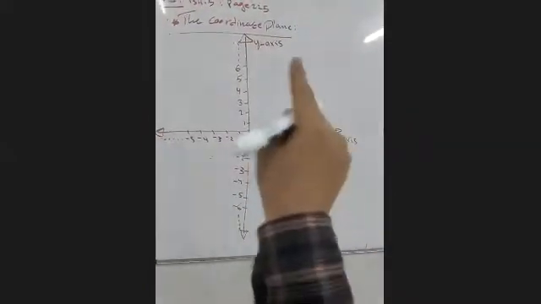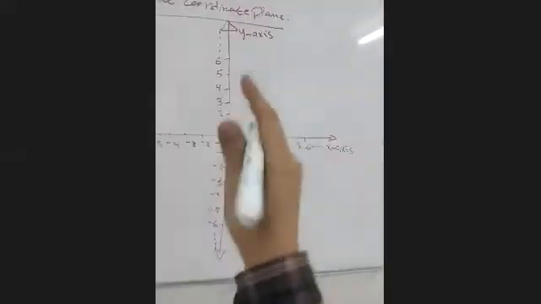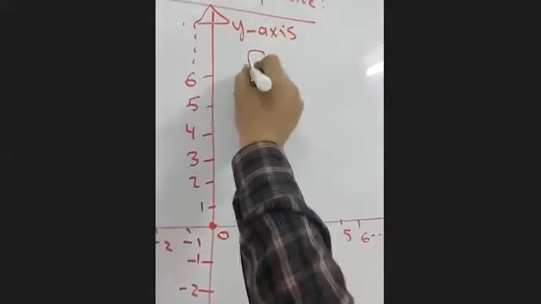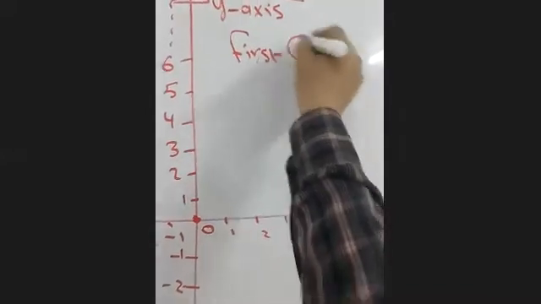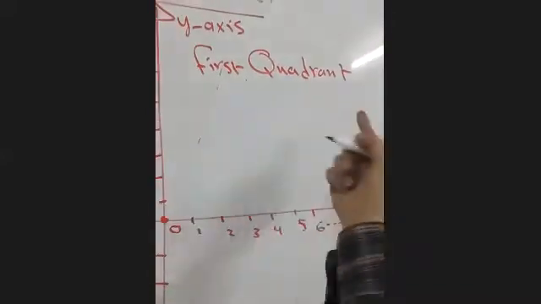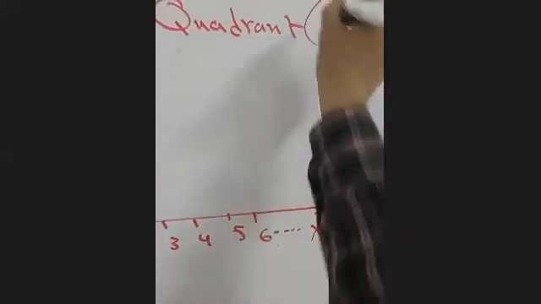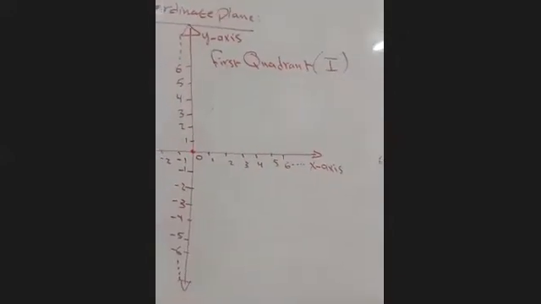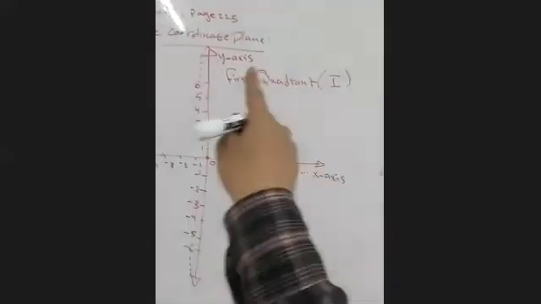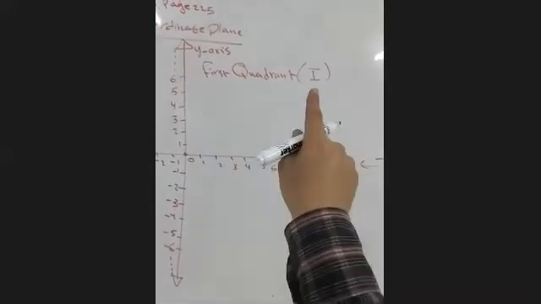Let's start with the first section here, and please focus. This first section, guys, we call the first quadrant, and its shortcut is capital I, like this.